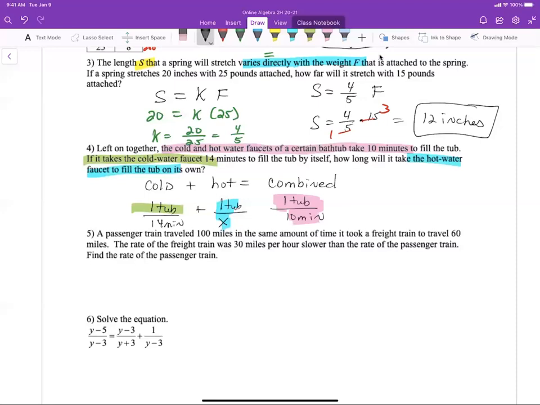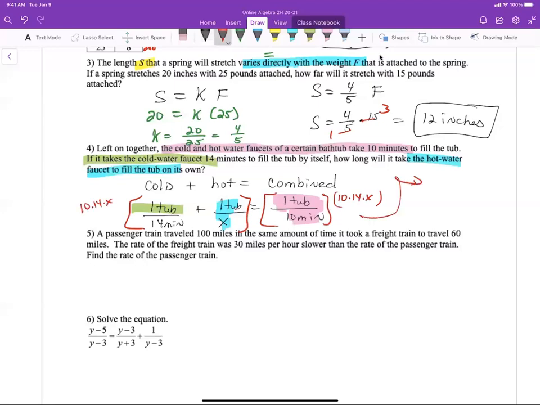So I'm going to multiply everything by my common denominator, which is 10 times 14 times X. Don't forget my equal sign here. I'm going to multiply the entire right by that common denominator and my entire left by that common denominator.